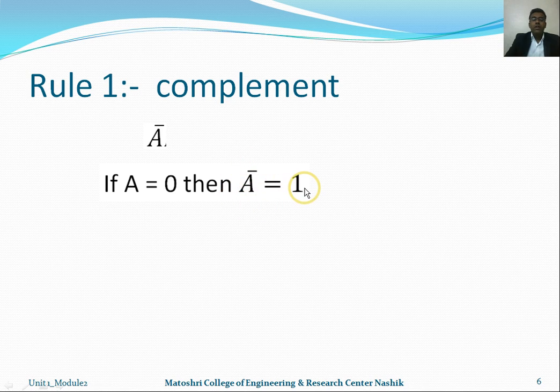A bar is generated as 1. In other words, if the input is 0, it generates a high output. Similarly, if A is 1, then its complement becomes 0. That is the first simplified complement rule.